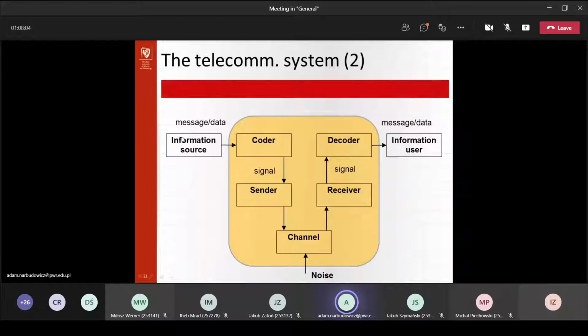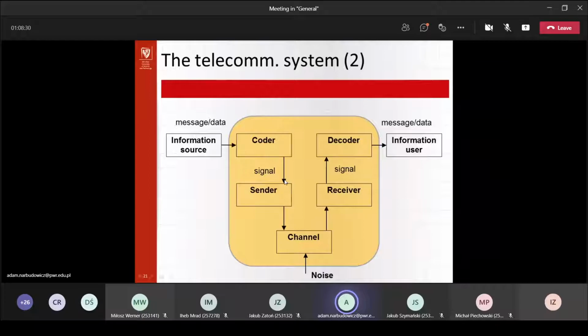When we speak about the information, we typically use the form data or a message, which I believe you're all well familiar with. However, when we start processing our information and preparing it for transmission, we will be talking about the signal.